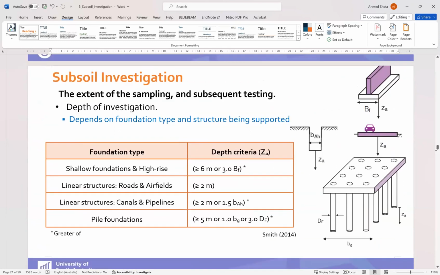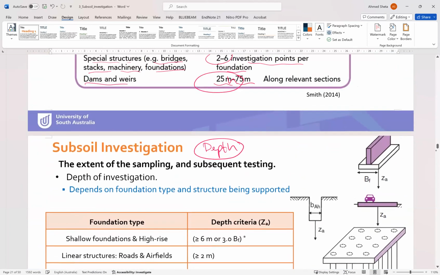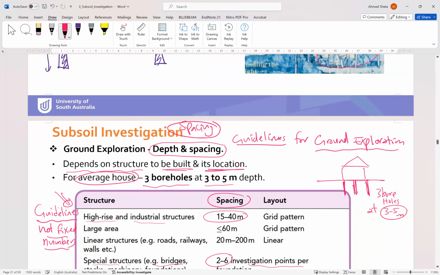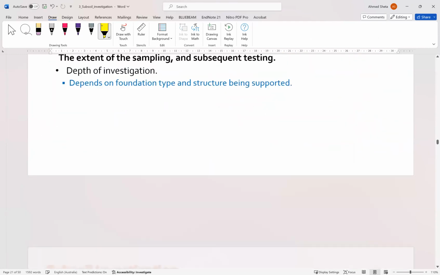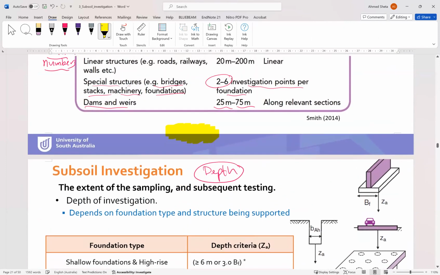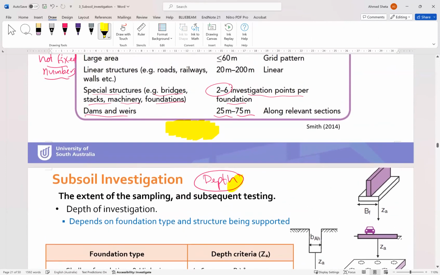And here is more, or sorry, more information about the depths. So in the previous slide we were talking about the spacing, and in this slide we are looking at the depths.